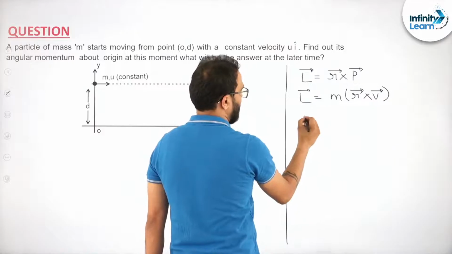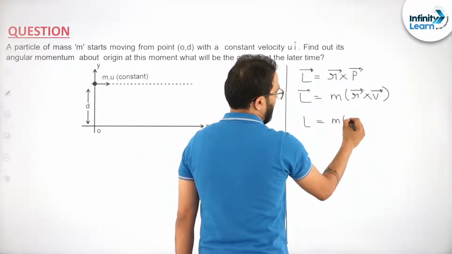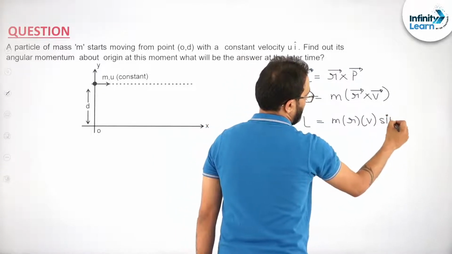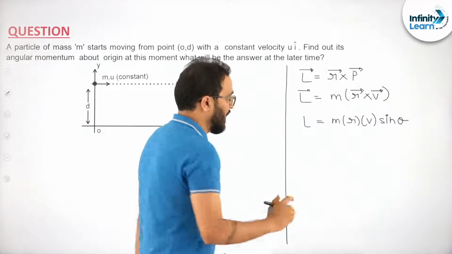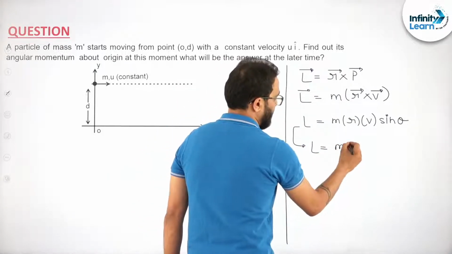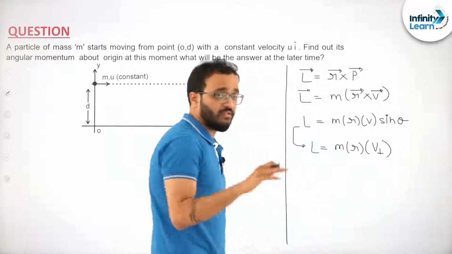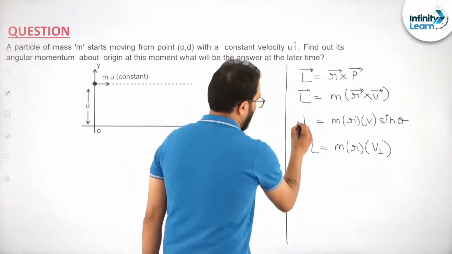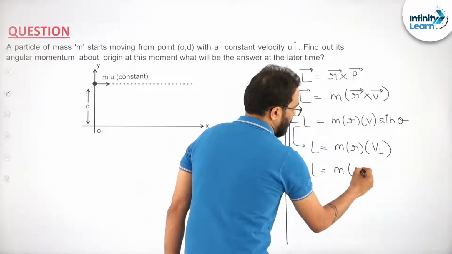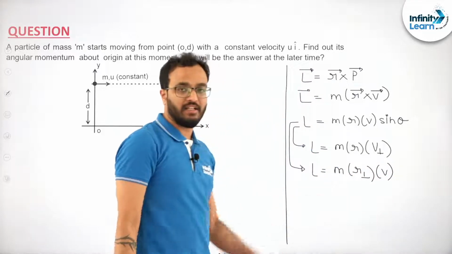Then you will say, sir, it is magnitude wise m into r into v into sine of theta, right? Now again there will be two ways to understand. One will be m into r into v perpendicular, that is v sine theta, or there is one more way, you can say L is m into r perpendicular into v, that means r sine theta.